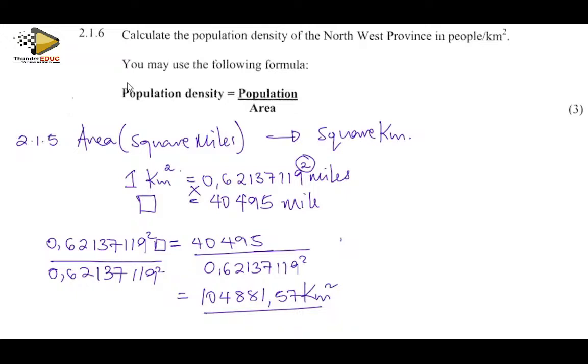Squared. This was supposed to be the answer. Okay, they said to the nearest kilometer squared, simply meaning it's one. That was question number 2.1.5.